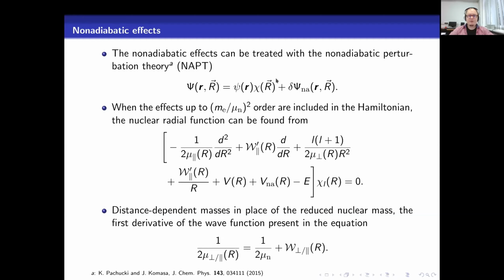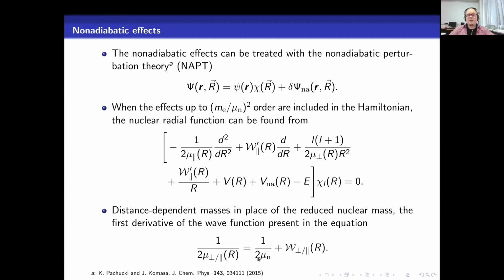We can iterate it and obtain more and more accurate equations for the nuclear part. Here you can see that this improved equation contains this first order term, which will be interesting from the numerical point of view, but most notably it includes distance-dependent masses, effective nuclear masses.